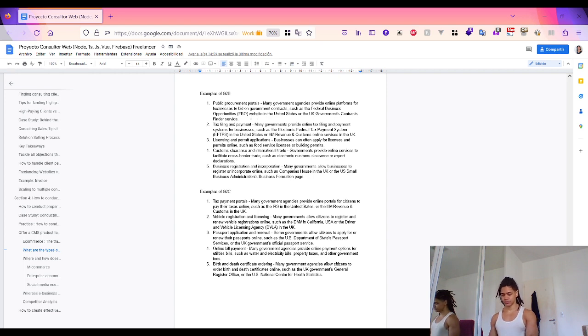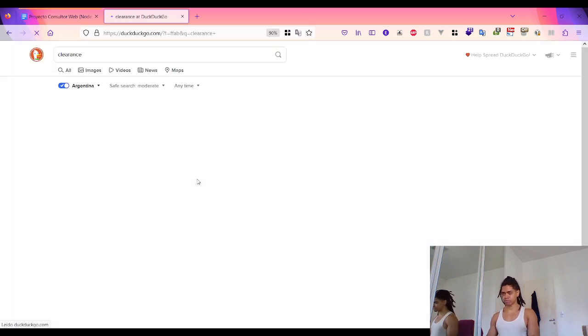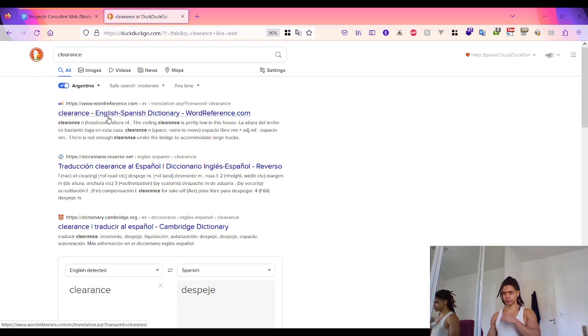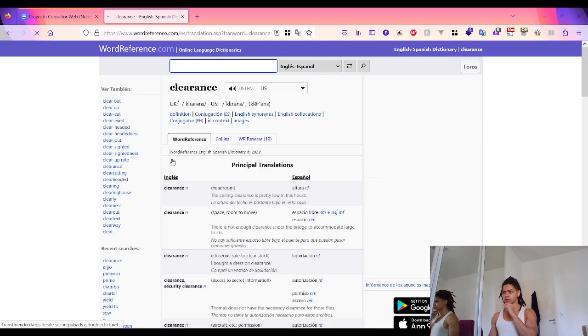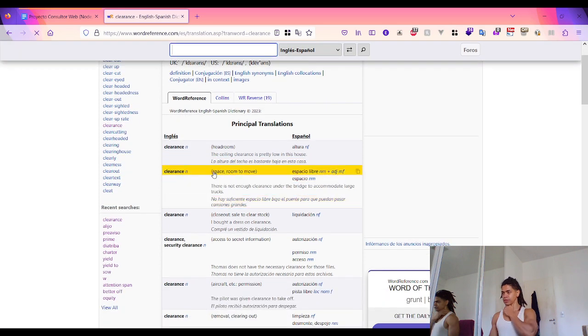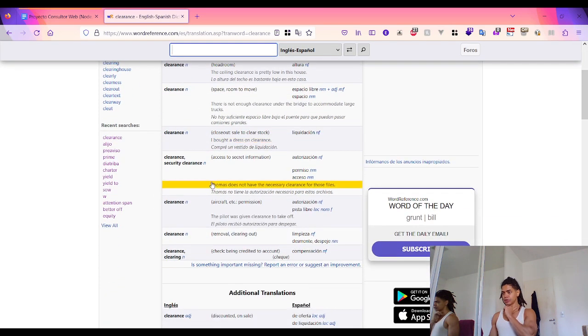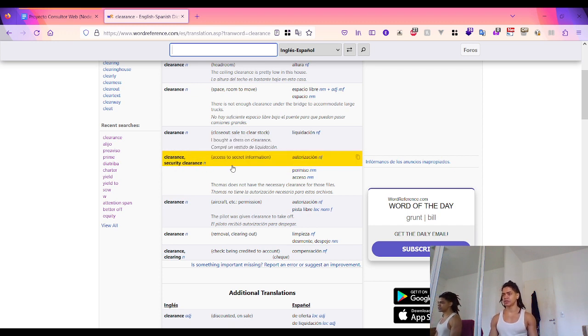Clearance, we're looking at the meaning of clearance here. Clearance, authorization, security clearance, access to secret information.